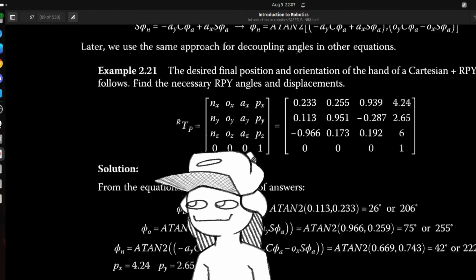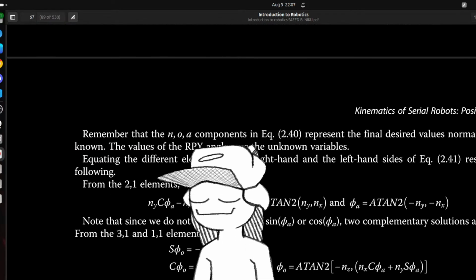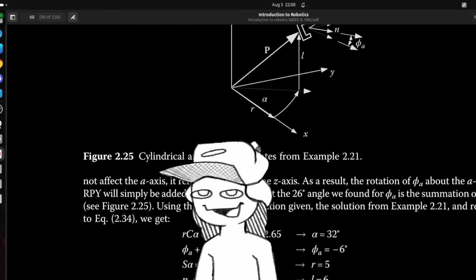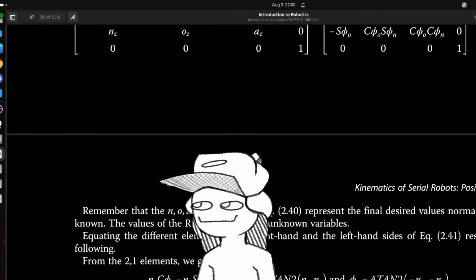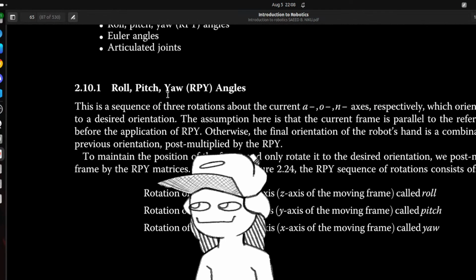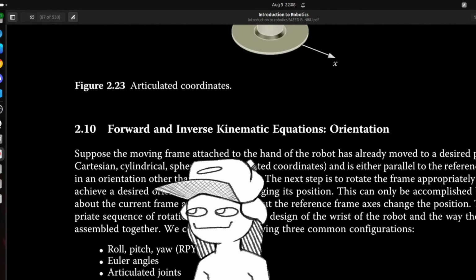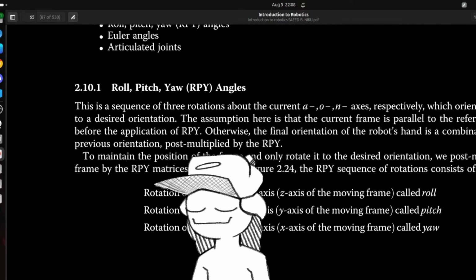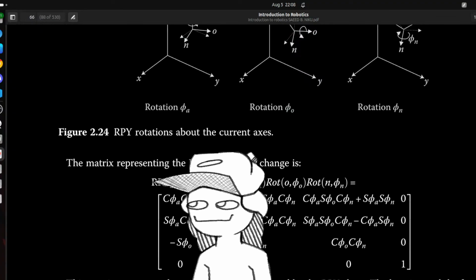I'm done with RPY, and second was Euler's angles. I did go through this part once previously, but I don't really remember anything from it. I also went through this once, gave up halfway, and then started again today. After reading it for a while, I guess I got it.